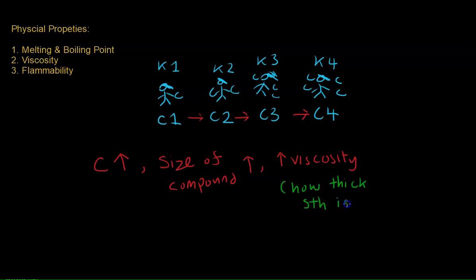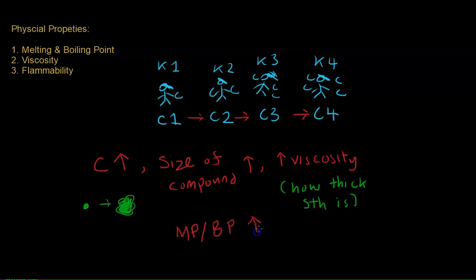Imagine it's from this very small thing, it becomes this huge puddle here. So obviously it becomes thicker and it's harder to move. Okay, that's what viscosity means, how thick something is. So back to this, as the number of C increases, the size will increase, viscosity will increase.